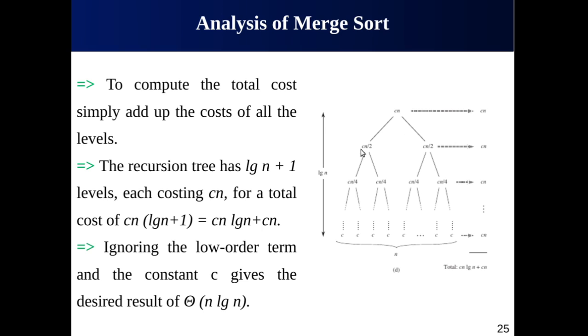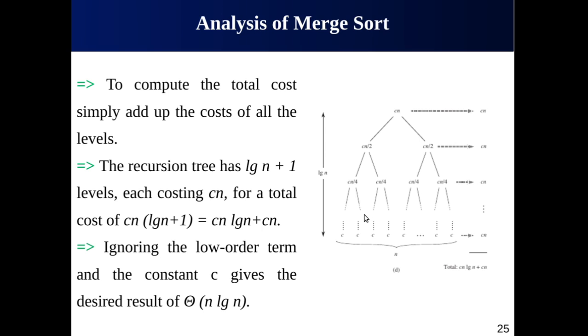The next level down has a total cost of Cn by 2 plus Cn by 2. If you add them out, you will get Cn. The level after that has a total cost of Cn by 4 plus Cn by 4 plus Cn by 4 plus Cn by 4. If you add them out, you will get Cn at this level, and so on.